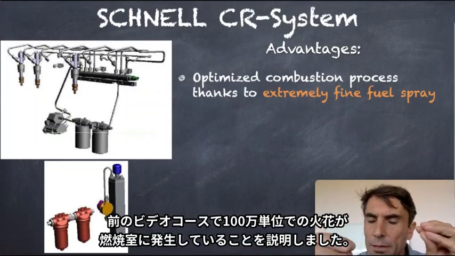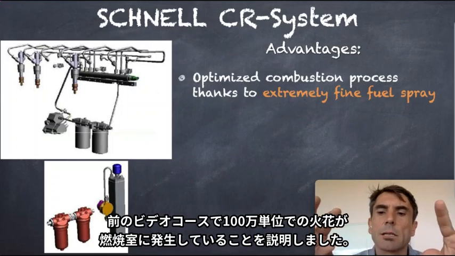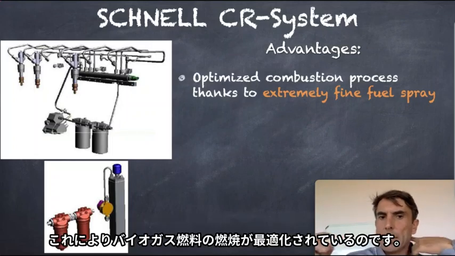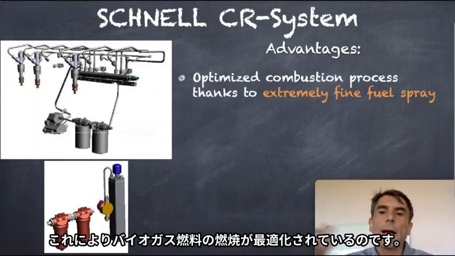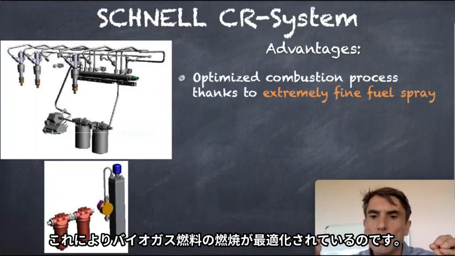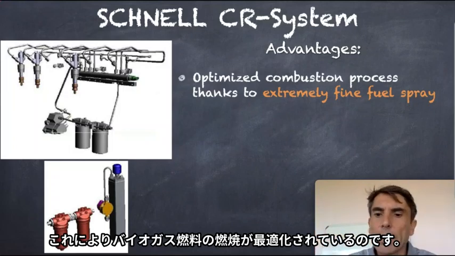You remember my other video? We were talking about the millions of small sparks that ignite the biogas in the combustion chamber. That's exactly what we can do with a higher pressure. We can ignite the biogas much better.